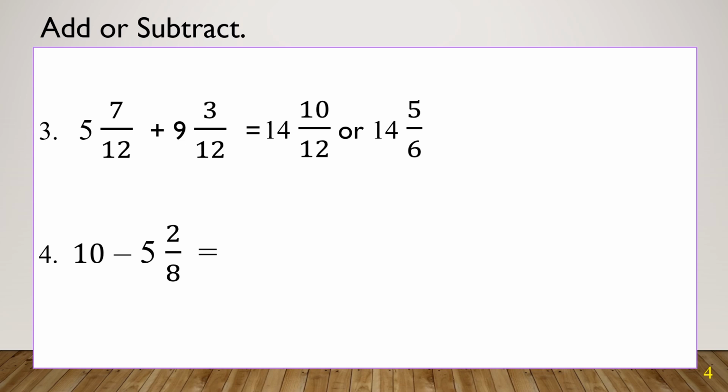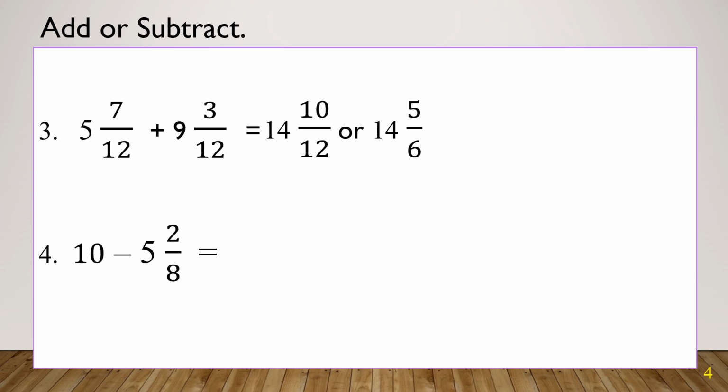Then i-add din po natin yung kanyang whole numbers. So 5 plus 9 is equal to 14. Then check po natin kung ang sagot mo ay final answer na or nasa lowest terms na siya. So since na hindi pa, mag-iisip po tayo ng GCF ng numerator at denominator, which is 10 and 12.